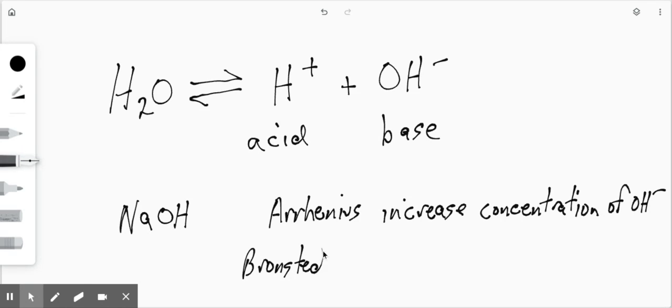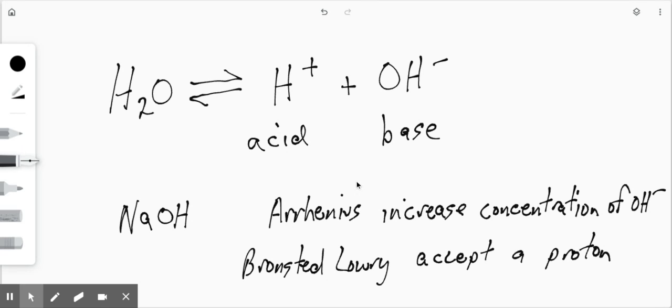A base is anything that can accept a proton. That's the technical stuff. And as you see, even the technical stuff is very common sense. So if an acid donates a proton, a base must be able to accept a proton.